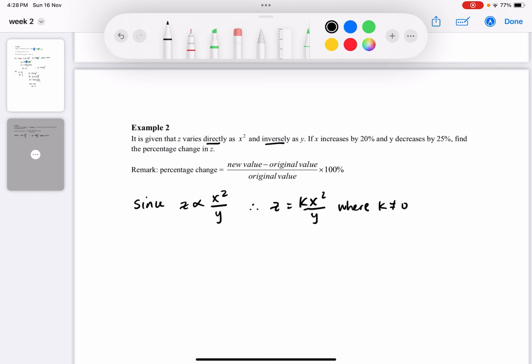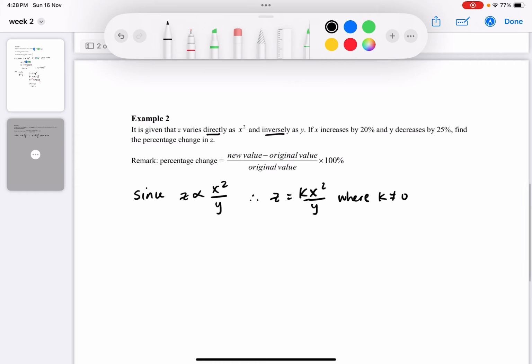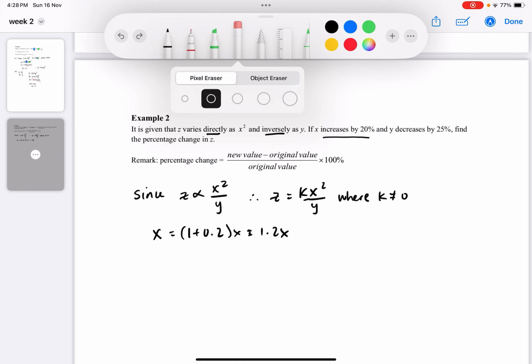If x increased by 20%, all right, so if we have x increased by 20%, that means we have 1 plus 0.2 times x, which is 1.2x. And then y in this case would be decreased by 25%.